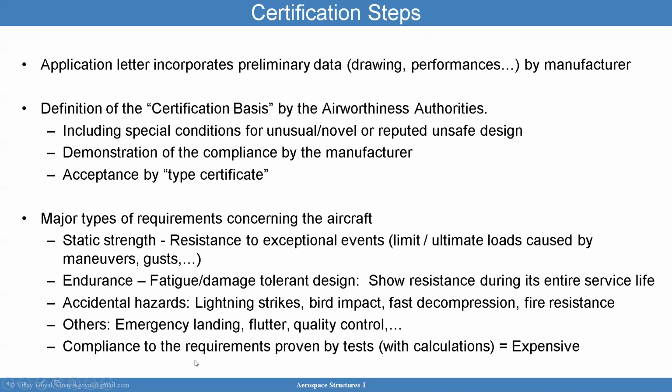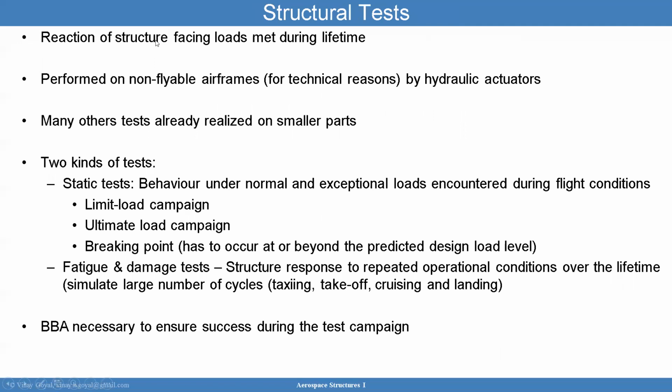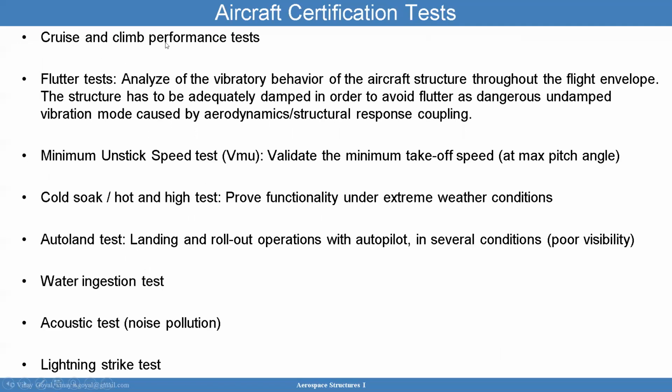Compliance to these requirements is usually proven by tests with calculations. These tests can be quite expensive, but they need to go along with analysis, like we've discussed several times. Aircraft certification tests typically include cruise and climb performance tests, and flutter tests, which analyze the vibratory behavior of the aircraft structure throughout the whole flight envelope.